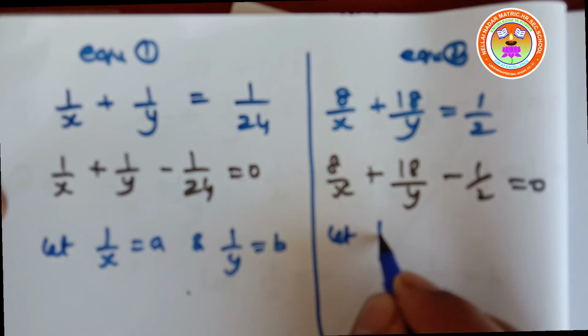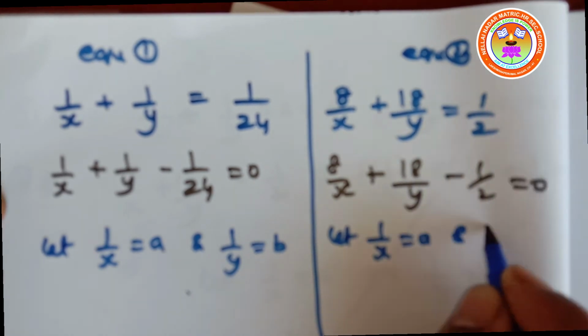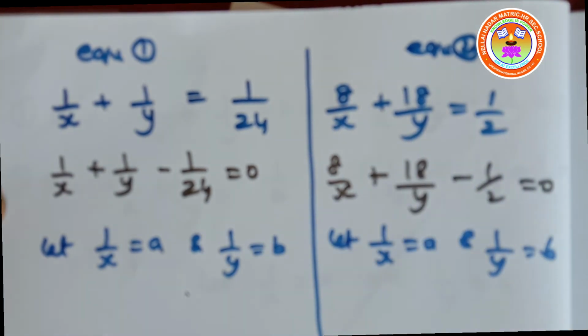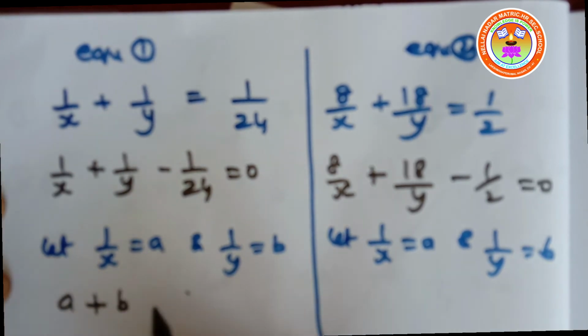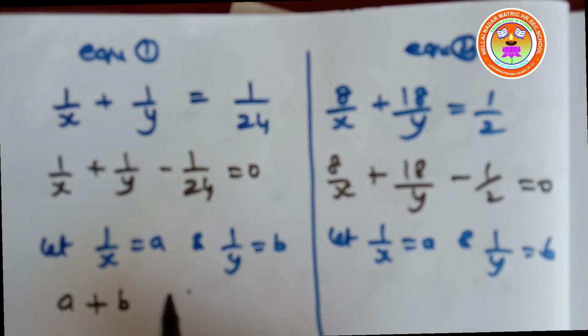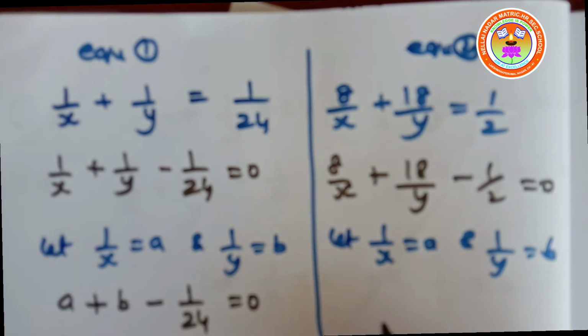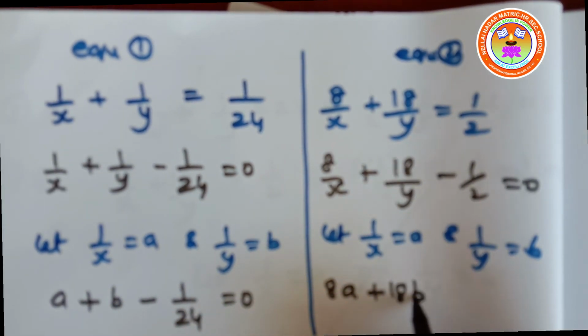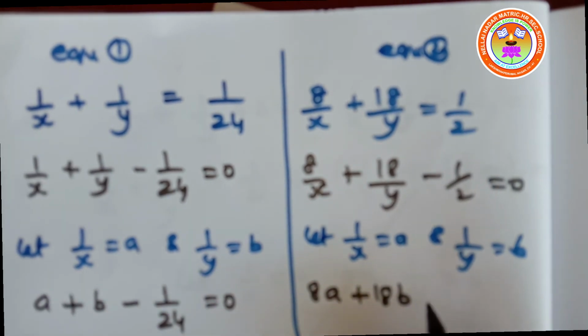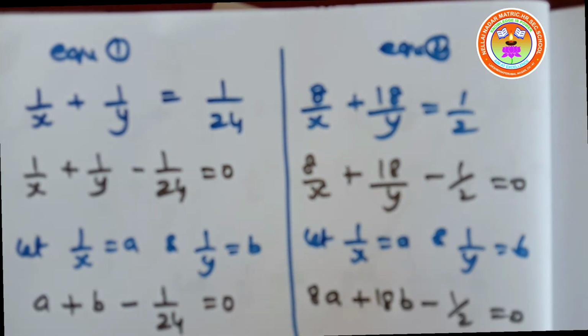Here also you take 1 by x equal to a and 1 by y equal to b. Now it would be a plus b minus 1 by 24 equal to 0. Here 8a plus 18b minus 1 by 2 equal to 0.